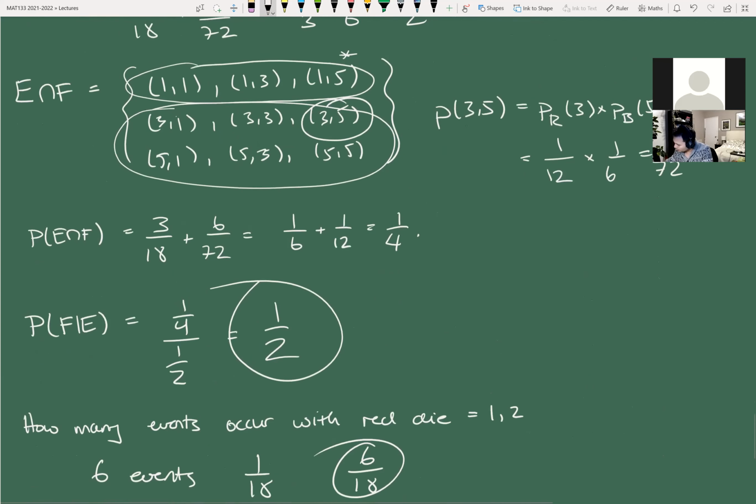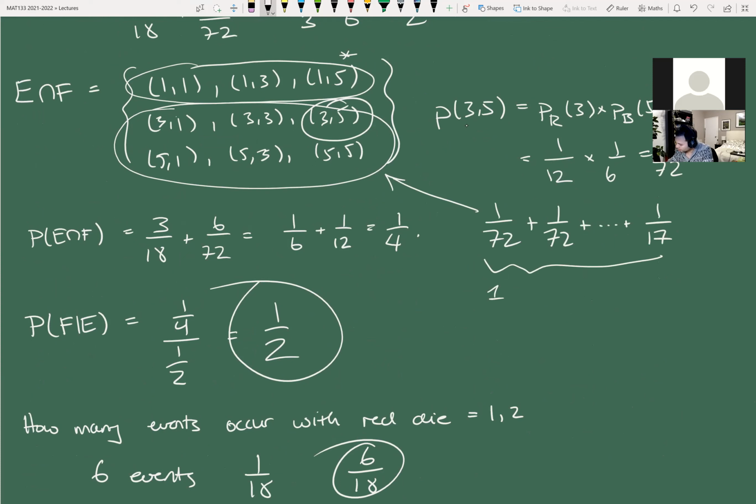And then when we're computing the probability of E intersect F, we'd say, well, how many things are in non-star? Well, there's 6 of them. So that means I'm going to have 1/72 plus 1/72 plus 1/72, one of these for every non-star thing, i.e., I have 6 of them.